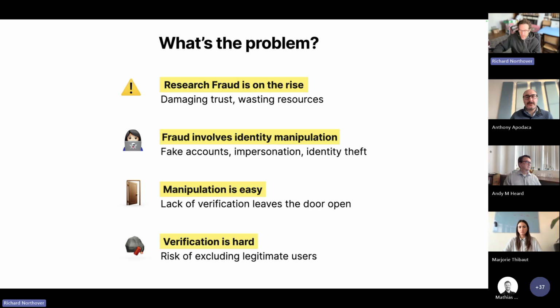And the thing is that this manipulation is relatively easy because of the way editorial workflows tend to be designed. But here's the thing, adding identity verification is pretty difficult for understandable reasons, which I'll go to in a moment, and we'll talk a bit more about in this panel.